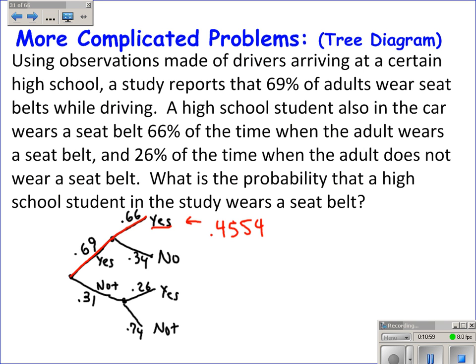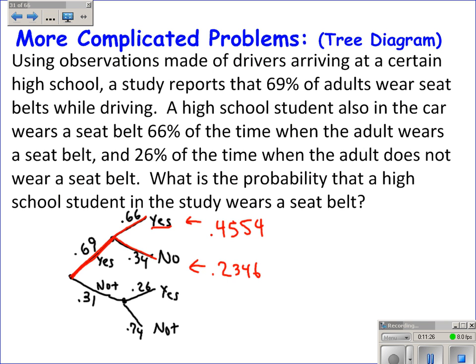So both the adult and the student wearing their seatbelt is about 46% of the time. A parent wearing the seatbelt and the student not wearing the seatbelt will happen 0.69 times 0.34, which is 0.2346.